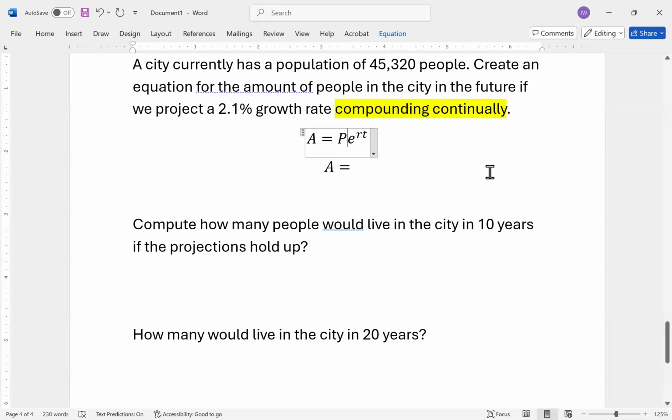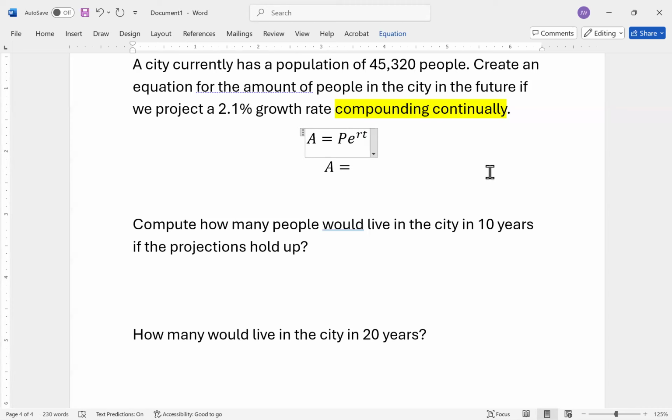So instead of using P, they'll use A sub 0. That just means initial amount. Sometimes you'll see the letter K instead of the letter R. Those all just mean the same thing. K is a growth rate. A sub 0 is the initial amount.